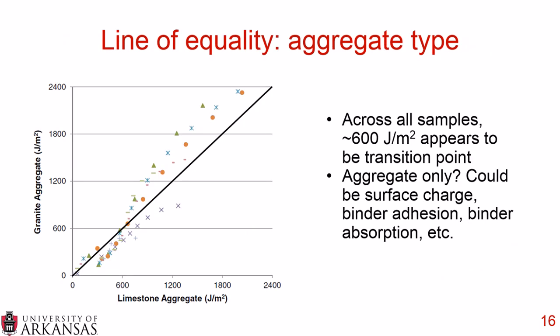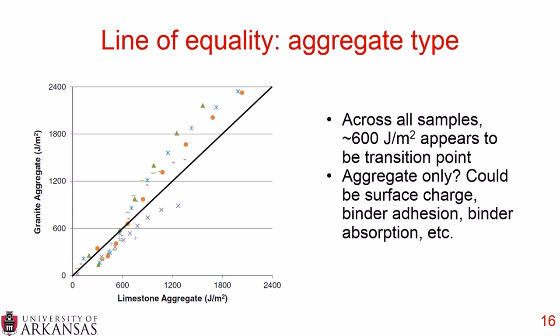And this is quite interesting because when we look at all of the mixtures with our line of equality, we can see this is not an uncommon phenomenon. Here you can see multiple mixtures that had both granite versus limestone aggregate with all the rest of the material identical. Multiple mixtures actually had this 600 joule per meter square crossing point, where you went from having a higher fracture energy with limestone aggregate to a higher fracture energy with the granite aggregate.